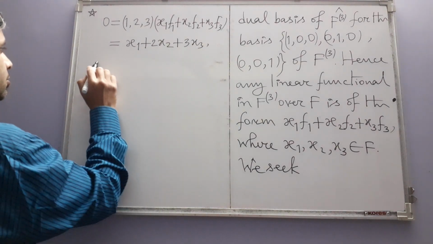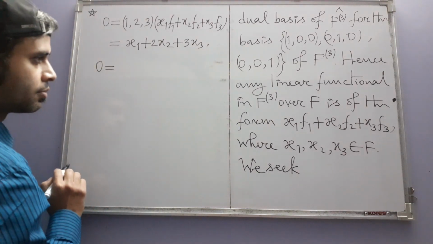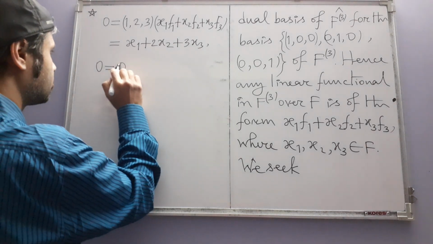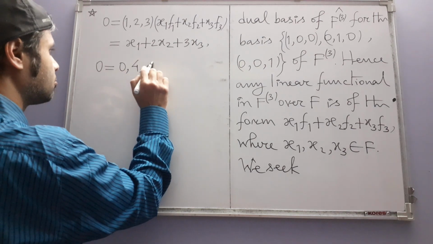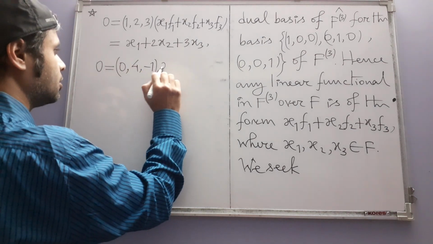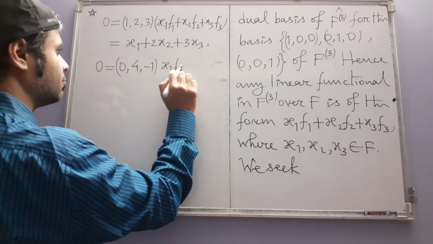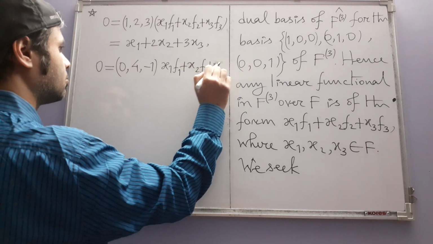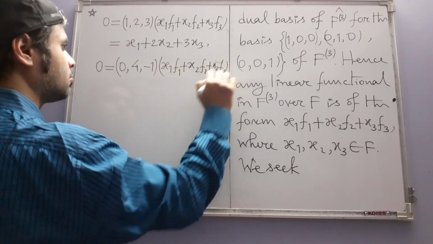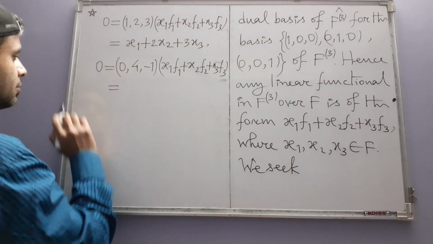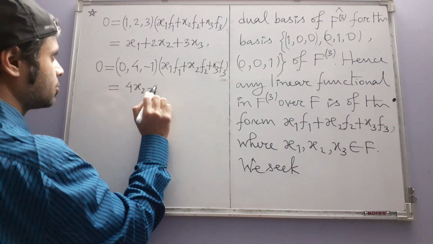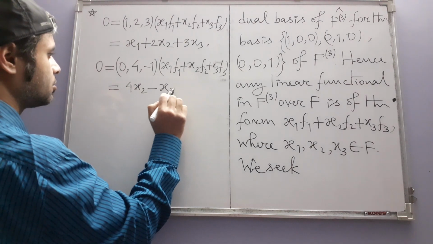And also, what was the other vector? I forgot. 0, 4, minus 1. On that also we apply the functional, and we want to have the 0 scalar. Like the one above, here we will have 4x2 minus x3.